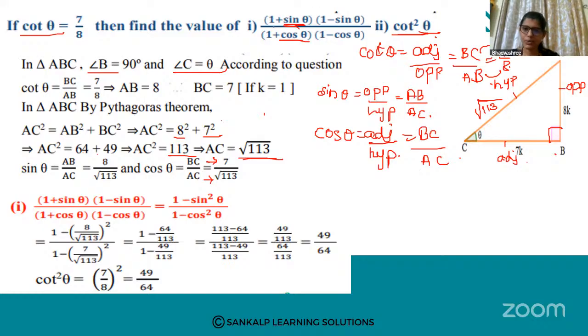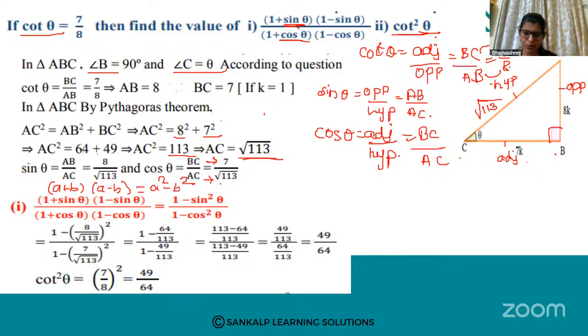First question is 1 plus sin theta into 1 minus sin theta divided by 1 plus cos theta into 1 minus cos theta. Let's see what comes. 1 plus sin theta into 1 minus sin theta is in the form a plus b into a minus b, which is equal to a square minus b square.